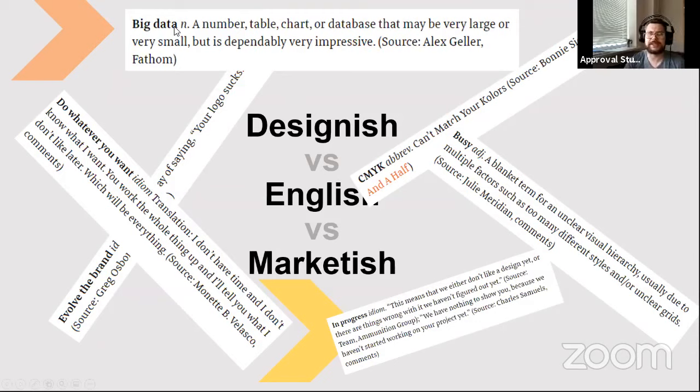For me, as an IT guy, big data is one thing, but for a designer, it turned out it's just a number of tables, charts, and database that may be very large, very small, but is dependently very impressive. So the whole idea in here is the impression. That's totally different from what like IT team means.